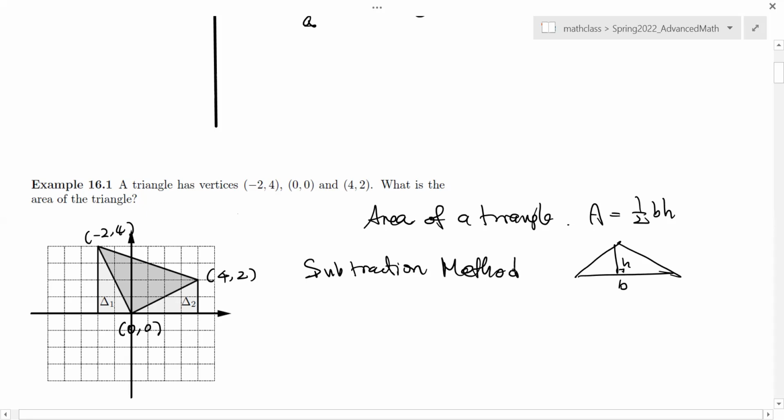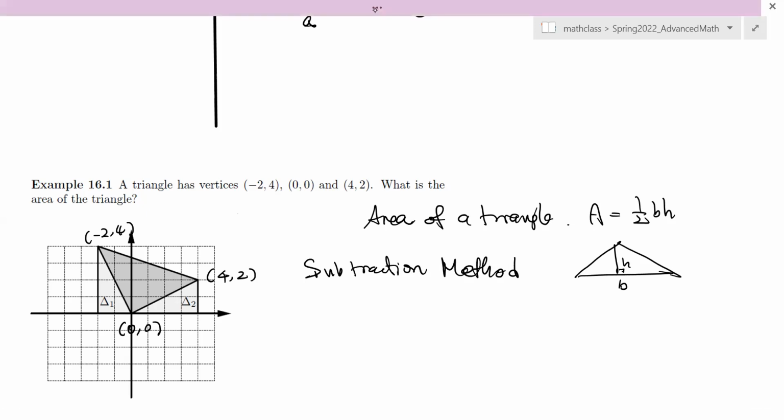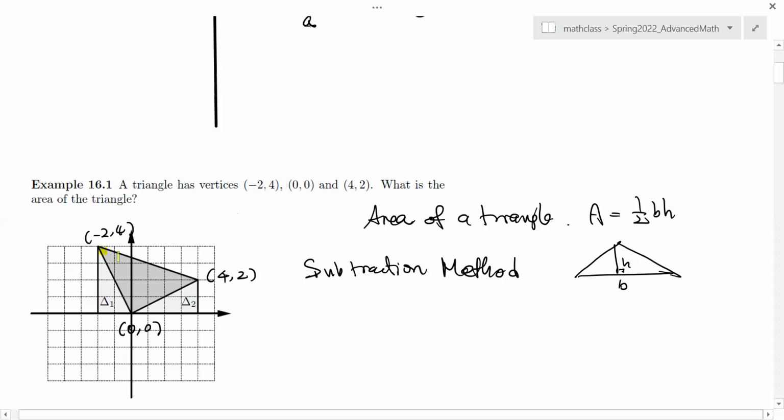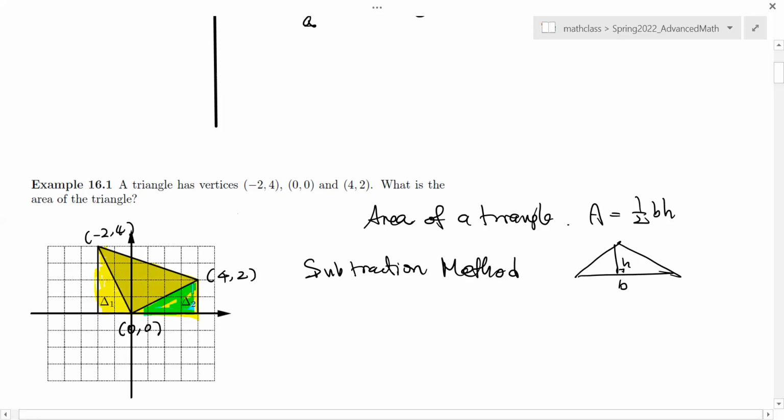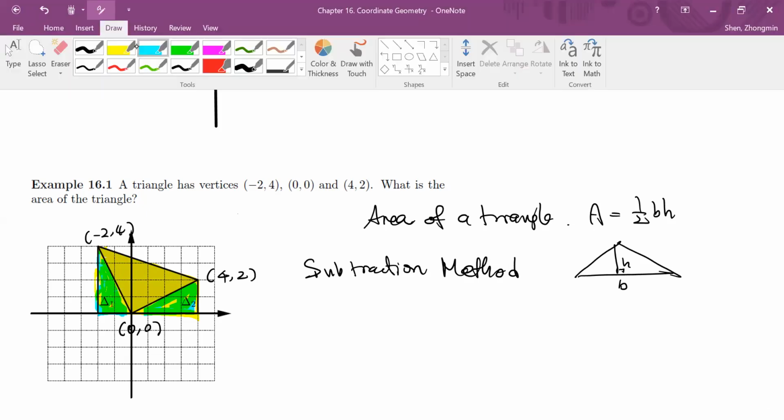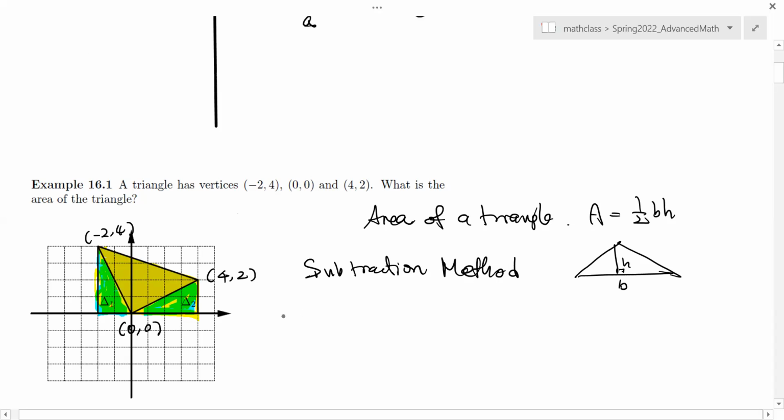First of all, you look at the trapezoid. Okay, the trapezoid you get. Then you find the area of the trapezoid, then you subtract the areas of the 2 triangles. Those 2 triangles, the areas are easy to calculate. So using the subtraction method, the area is going to be the area of the trapezoid minus the two triangles.